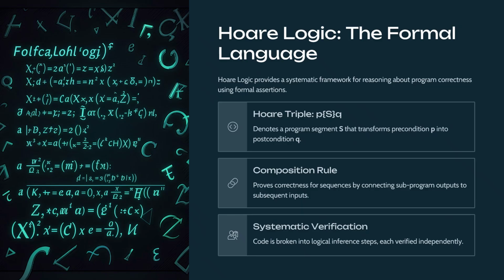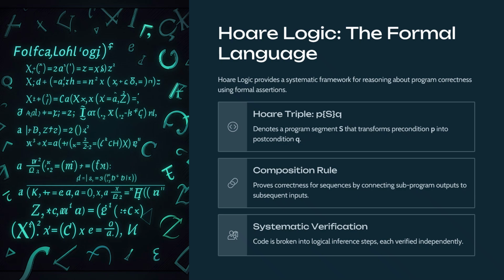Title: Hoare Logic, the Formal Language. Now let us introduce one of the most important concepts in formal verification, Hoare logic. Hoare logic was introduced by Sir Tony Hoare as a mathematical framework for proving program correctness. The basic notation is called the Hoare triple.